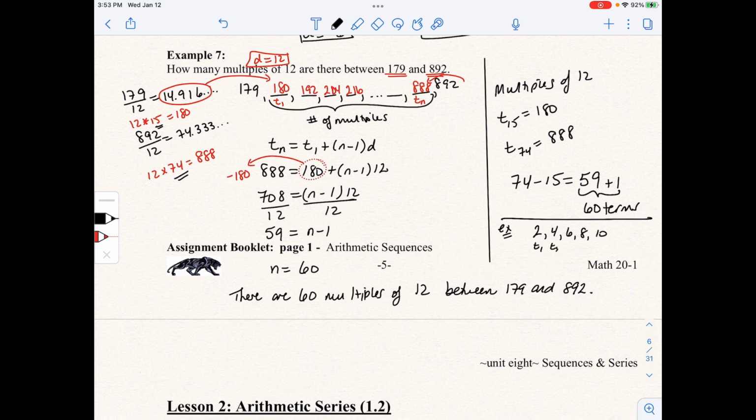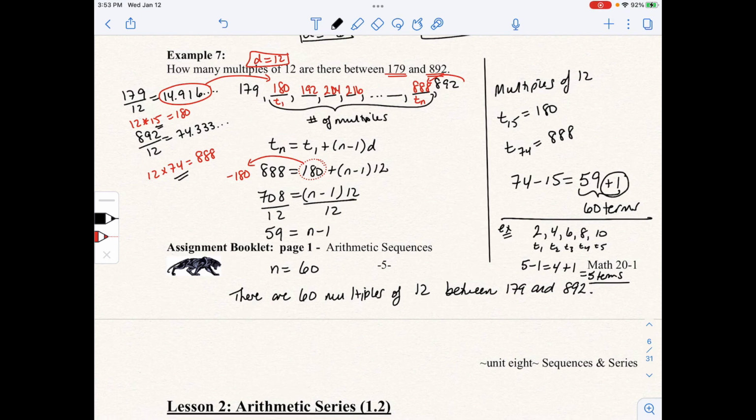Okay, term 1, term 2, term 3, term 4, term 5. And so T5, right, 5 minus 1 would be 4, but we can see that there's 5 of them. So we have to add 1 to make it inclusive. The add 1 is the trick.